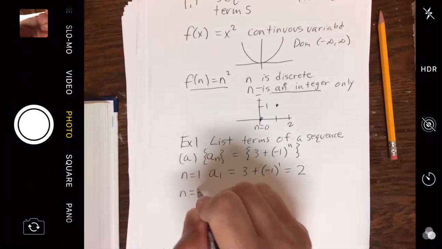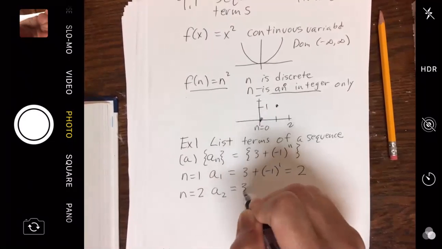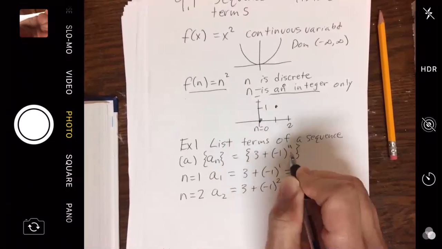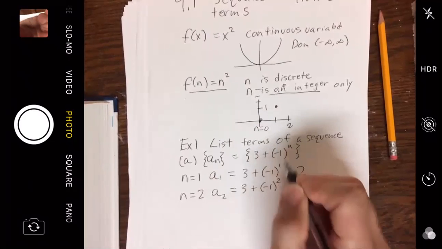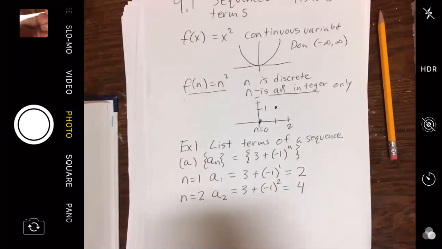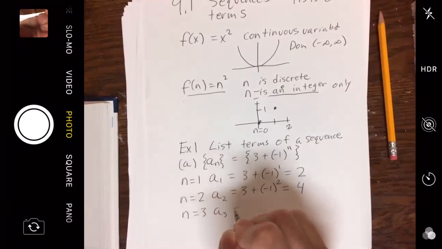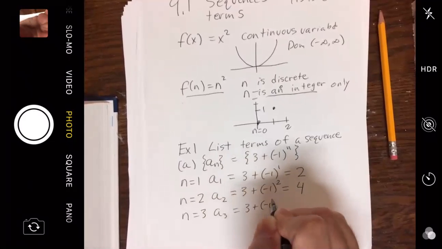If I do the n equals 2 term, I get a2: 3 plus (minus 1) squared. I put a 2 up there for the power. Well, that's a positive 1. 3 plus 1 is 4. Are we losing anybody? Nope. n is 3, you get a3, and you get 3 plus (minus 1) to the third.